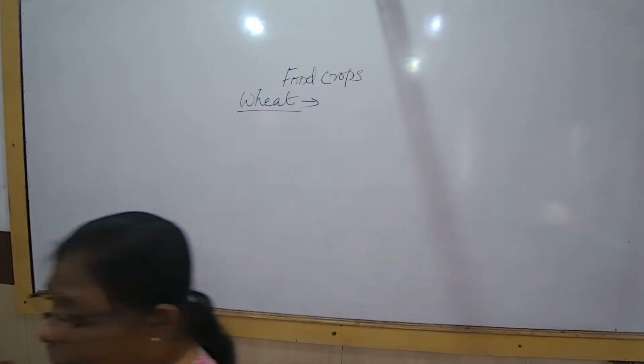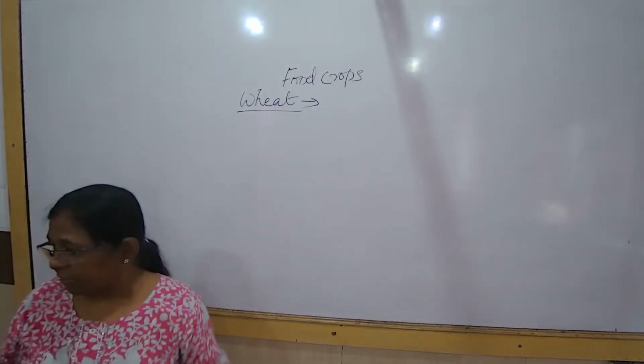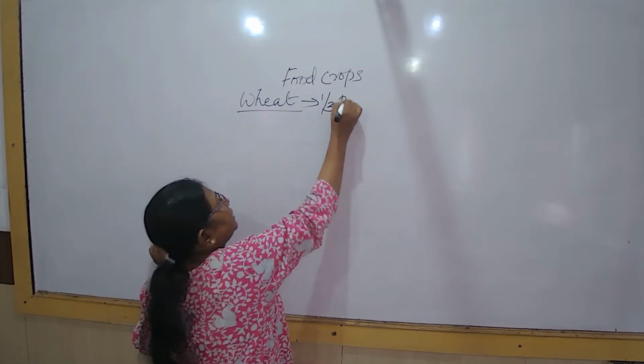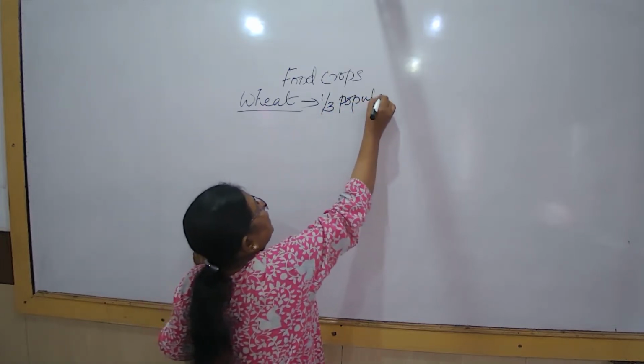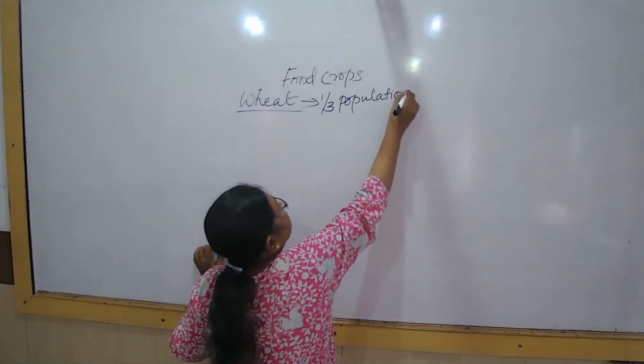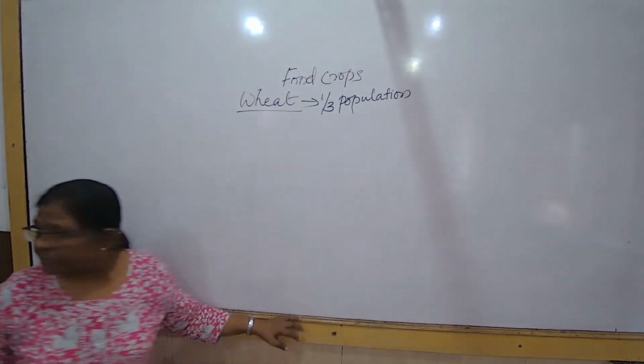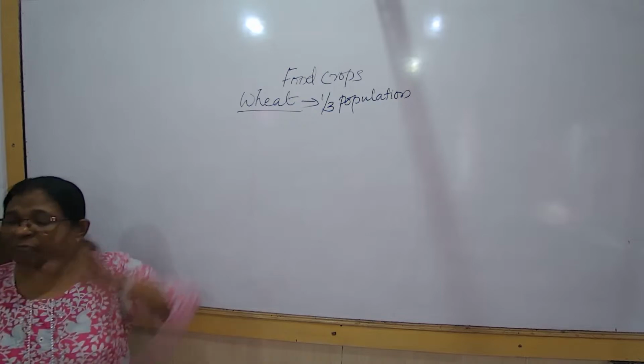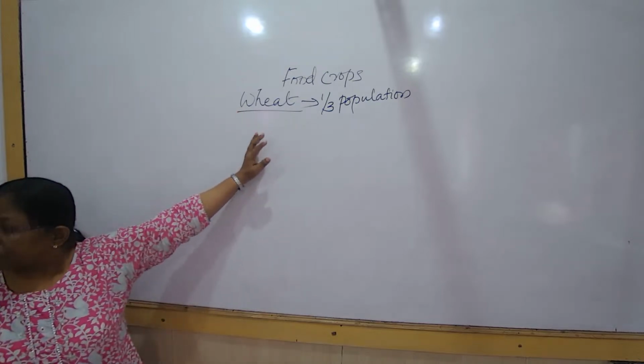See, the majority of the population in the world, that means 1/3 of the population in the world, consumes wheat. So wheat is the staple food of 1/3 of the population of the world.